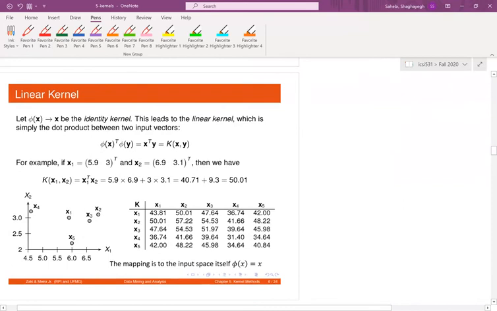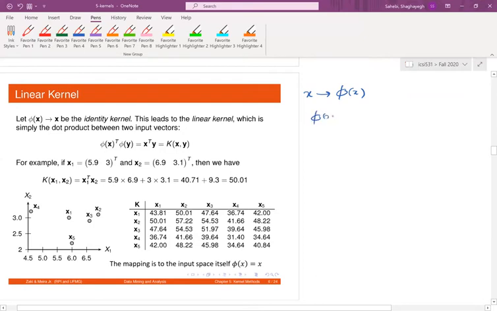Before that, let's see some common kernels. What are the common kernel functions that we have? The first very simple common kernel is the linear kernel. So basically, in linear kernel, our phi of x is x itself.